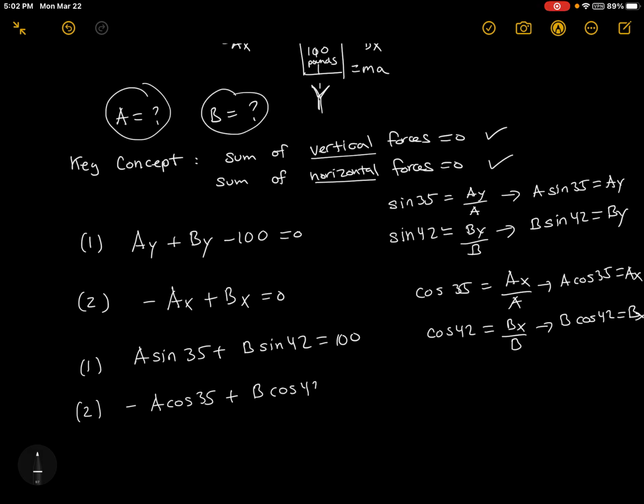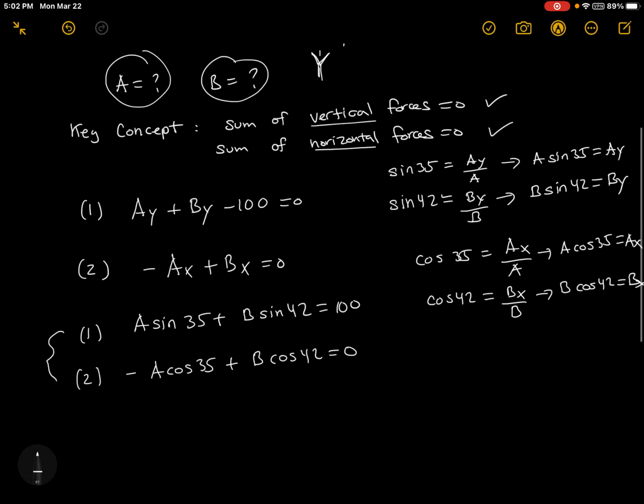All right, so at this point, what I would do to solve this equation is I would use substitution. Let's get equation 2. Let's get B by itself. Okay, so B cosine 42 is equal to A cosine of 35. If I get B by itself, that's A cosine of 35 over cosine of 42.